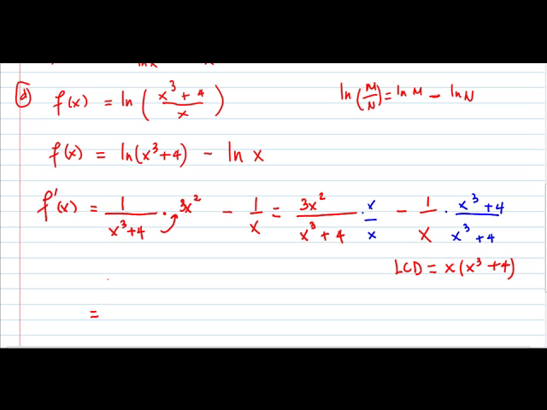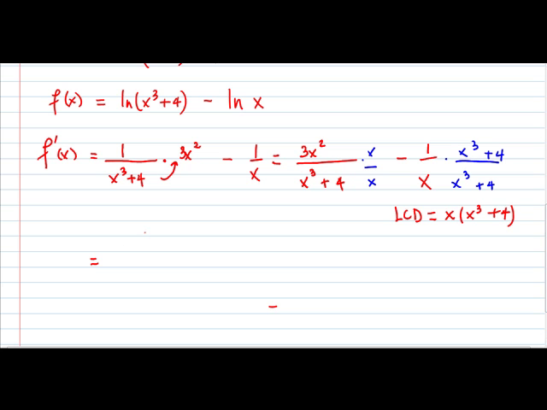So this here I can rewrite as 3x to the cube over, because I have 3x squared times x, so I have 3x to the cube over x times 3x to the cube plus 4, minus 1 times this guy is itself, over our LCD.